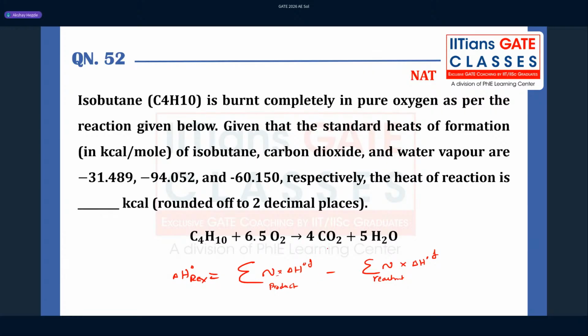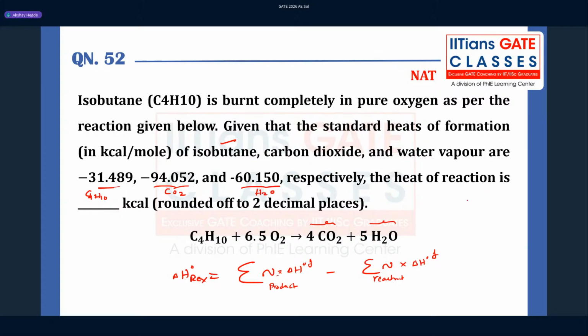What are the products that we have? These are the byproducts, right? Carbon dioxide and H2O. For those, we are already given the enthalpy of formation per mole. Sorry, this is isobutane, corresponding to C4H10. This one corresponds to carbon dioxide, CO2, and this corresponds to H2O.